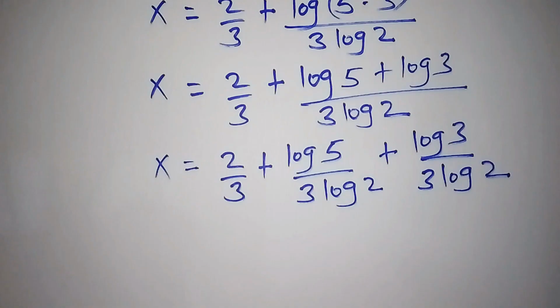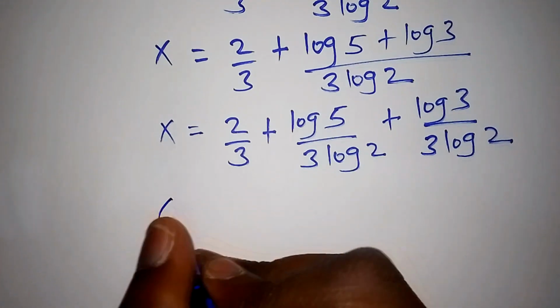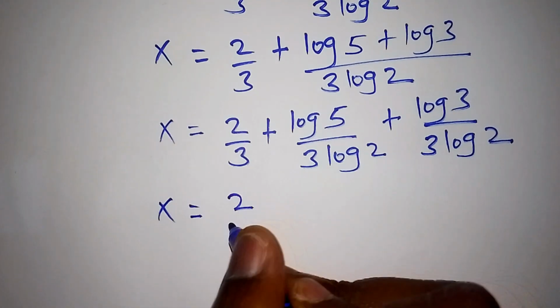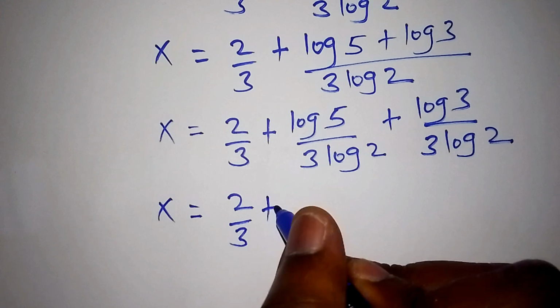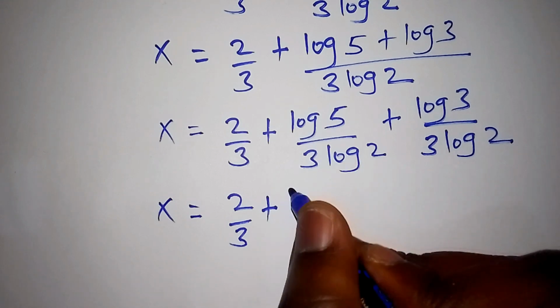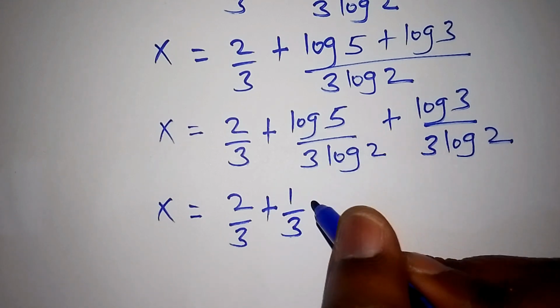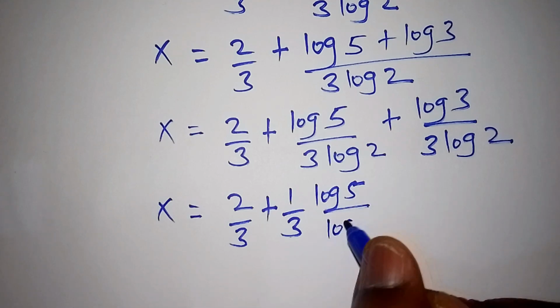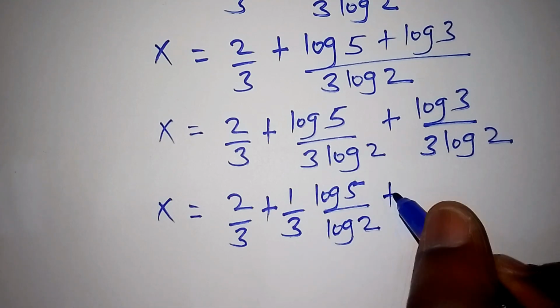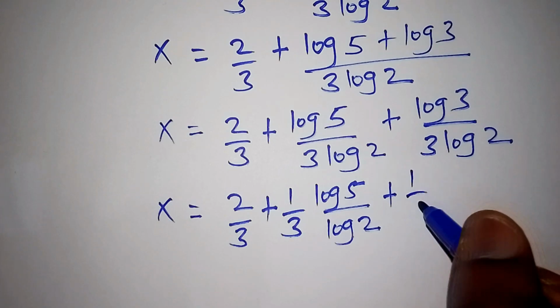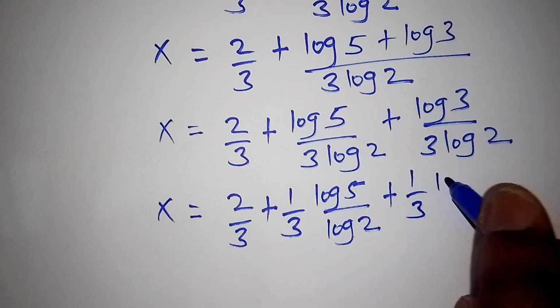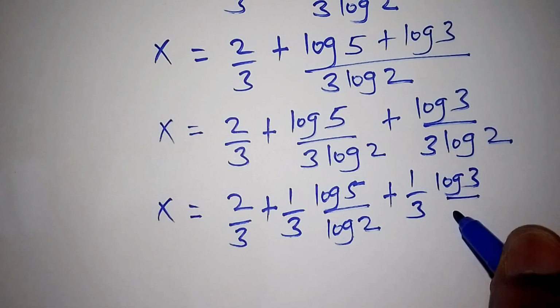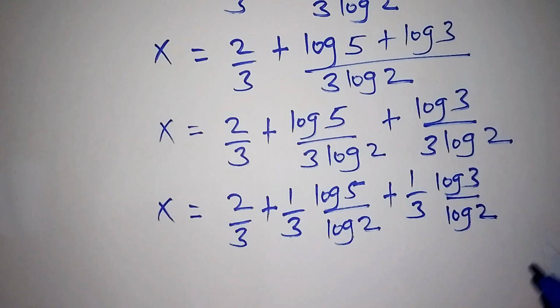So finally, we conclude by saying that the value for x is equal to 2 over 3, plus 1 over 3 times the log of 5 all over the log of 2, plus 1 over 3 times the log of 3 all over the log of 2.